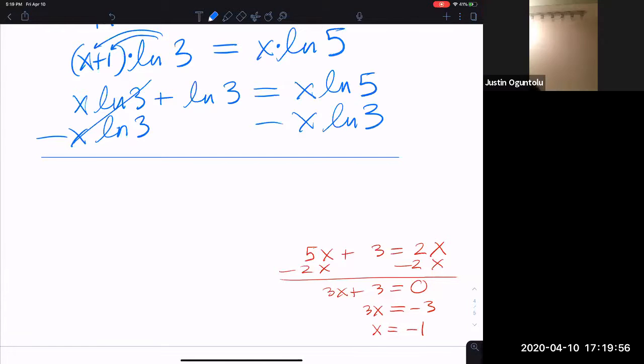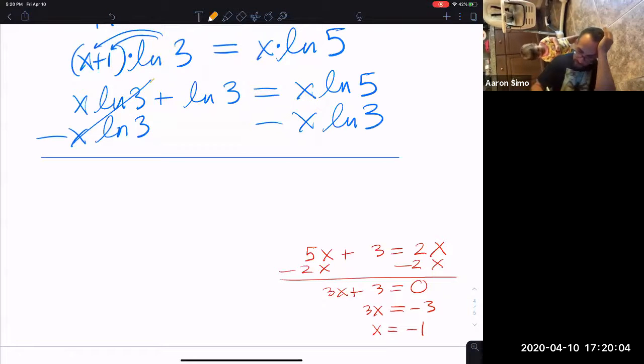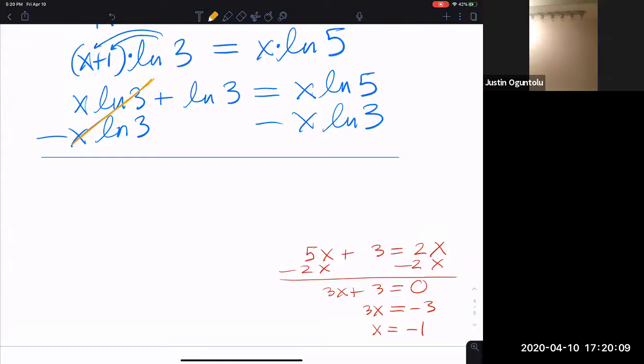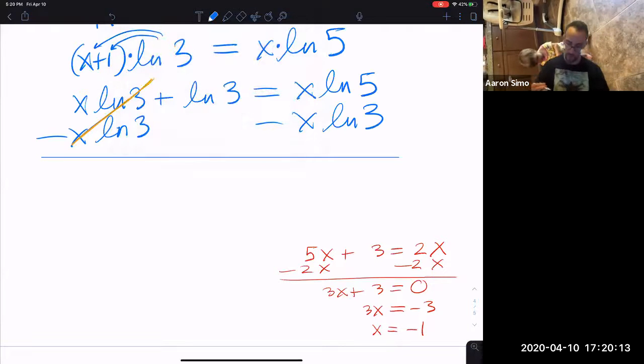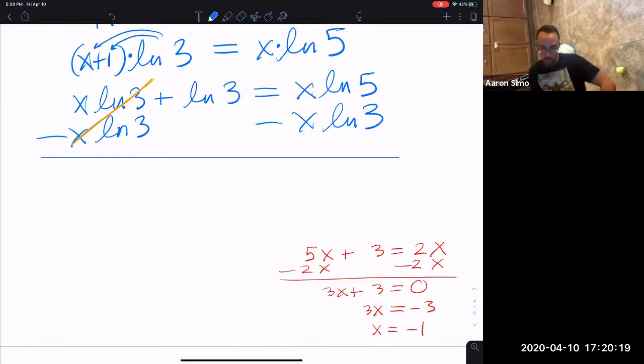I subtracted x ln 3 from both sides. Okay, so then on the left-hand side, they cancel out. Yeah, you're right. My bad. I was just trying to put the ln's on one side. I mixed myself up.